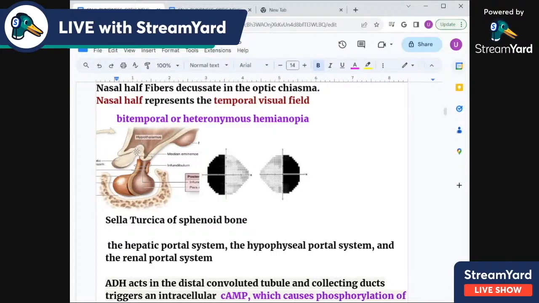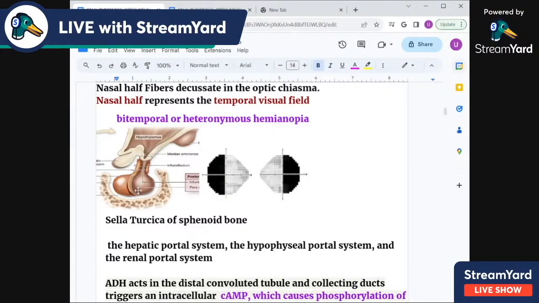The vascular tract is the hypothalamo-hypophyseal portal system of veins, like the portal system of the liver. They bring the releasing hormones from the hypothalamus to the anterior pituitary for pituitary hormones, TRH, CRH, GnRH, and GHRH.